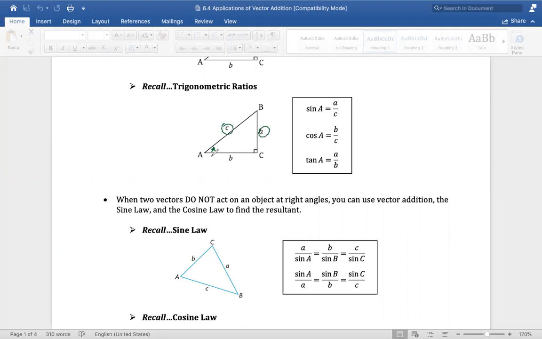And the reason being is because it's opposite over hypotenuse. So again, this is where you use your SOHCAHTOA. And if you need more review of that, you could always, from home, YouTube or Khan Academy, primary trig ratios, or just ask me if it's in class or during math help.